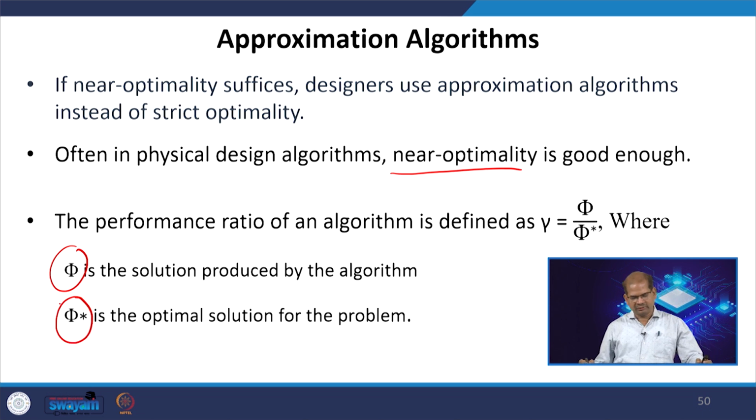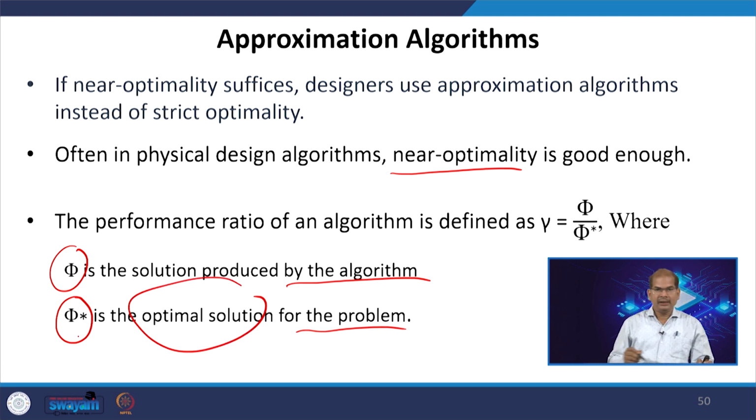Phi is the solution produced by the algorithm, and phi star is the optimal solution of the problem. So phi is not the actual optimal solution, it is one of the solutions. We define some gamma, phi by phi star, where we can say that phi is close to phi star.